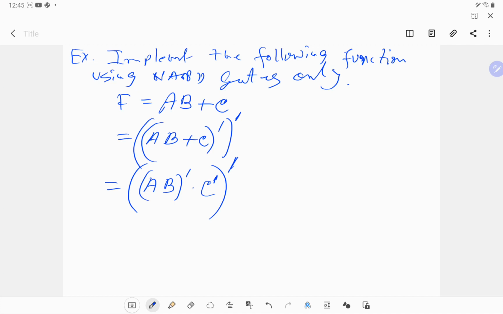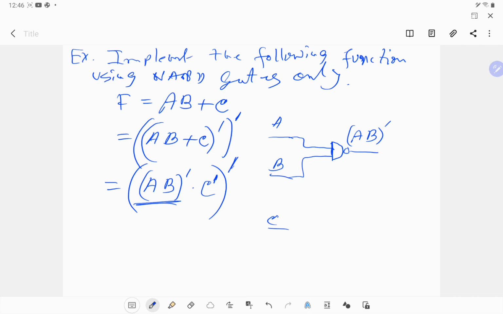We have 3 inputs: A, B, C. And the first one is AB prime. For doing this AB prime, we need a NAND gate. Here we get AB prime.